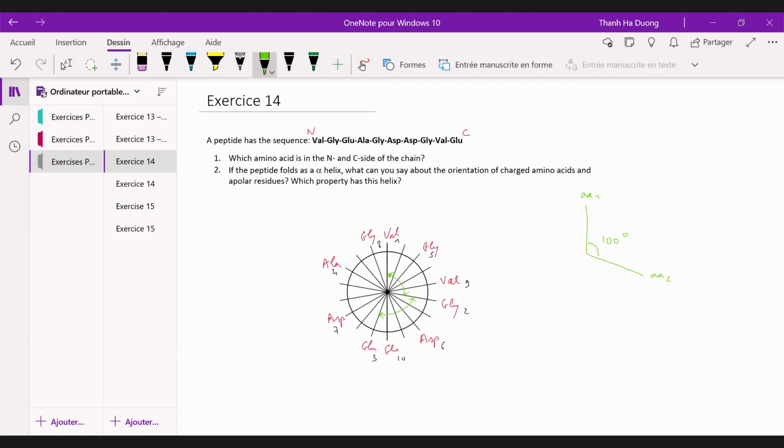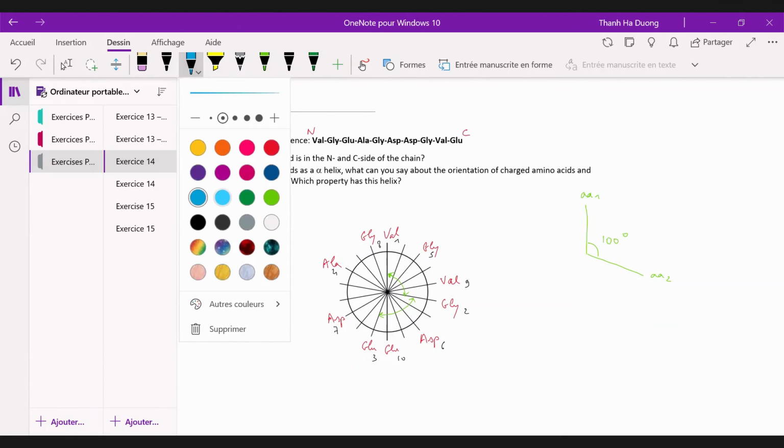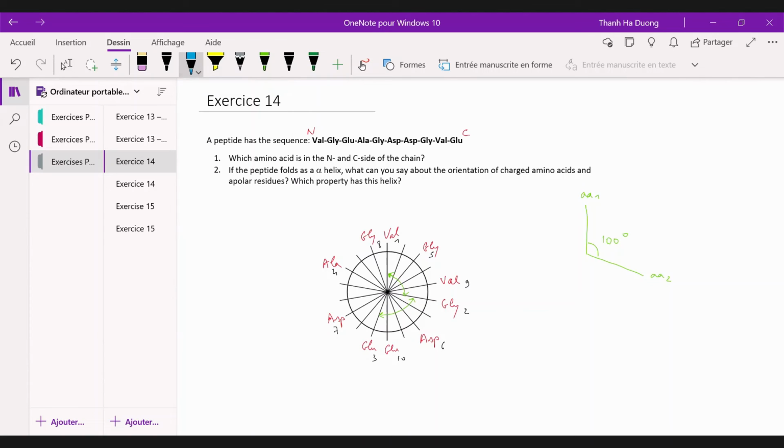So where are the charged amino acids? In this sequence, valine, is it polar or apolar?